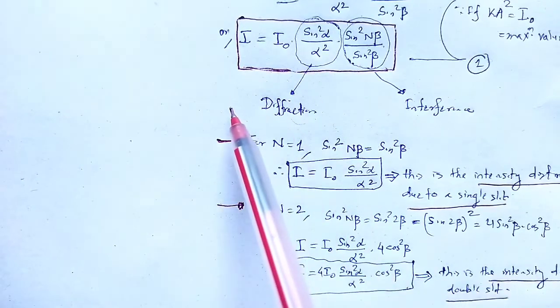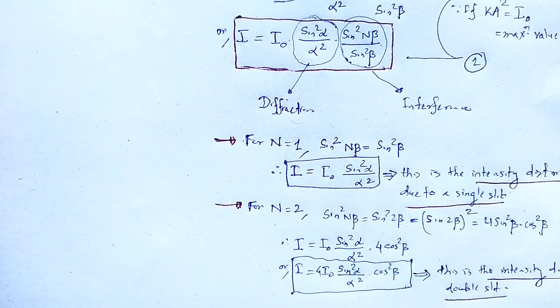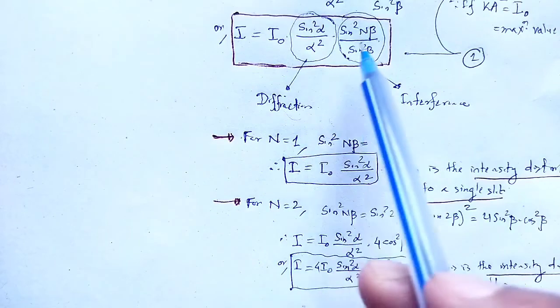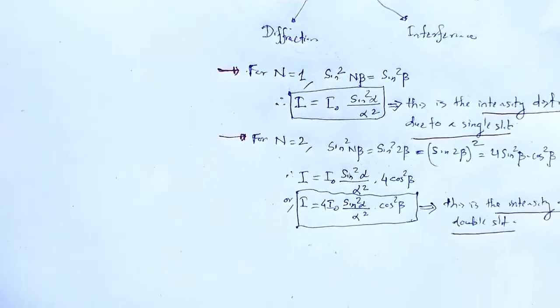In diffraction, we have principal maxima, secondary maxima and secondary minima. What are the values and conditions for the principal maxima, secondary maxima and minima? Later we have to calculate that from the intensity distribution equation.